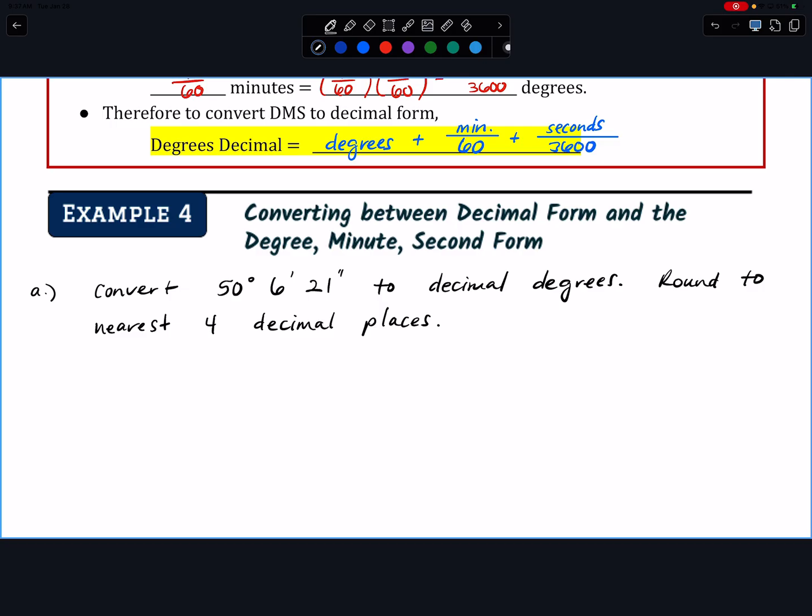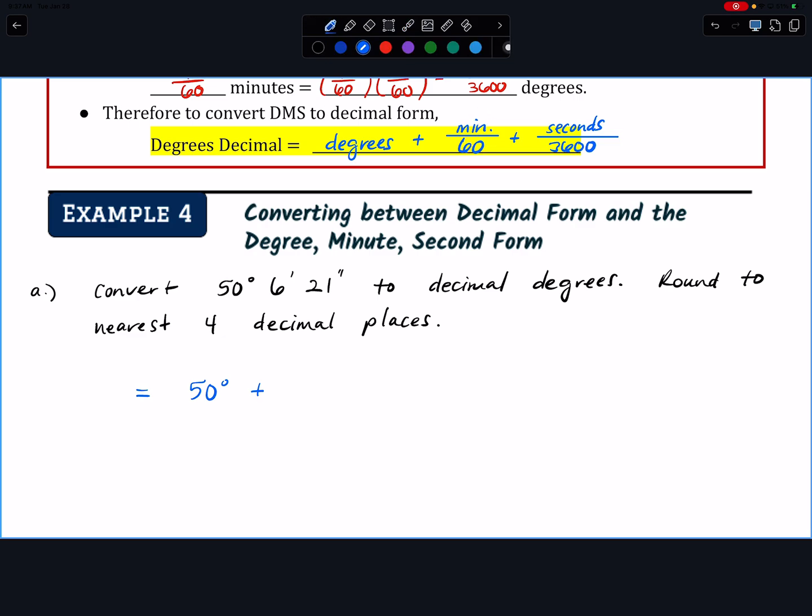All right, so the first number obviously is the number of degrees we have. This represents the number of minutes. This represents the number of seconds. So to convert it to decimal degrees, we're going to use this formula, okay? So this equals 50 degrees plus the conversion to convert this to decimal degrees is the fact that 6 minutes, you take the number of minutes and divide by how many minutes there are in an hour.